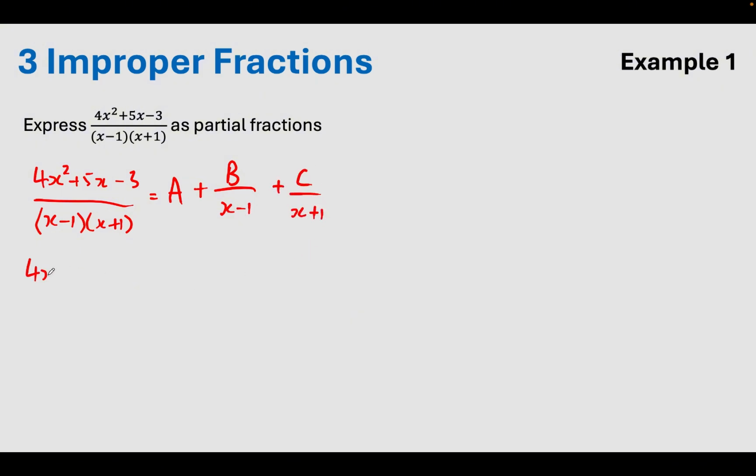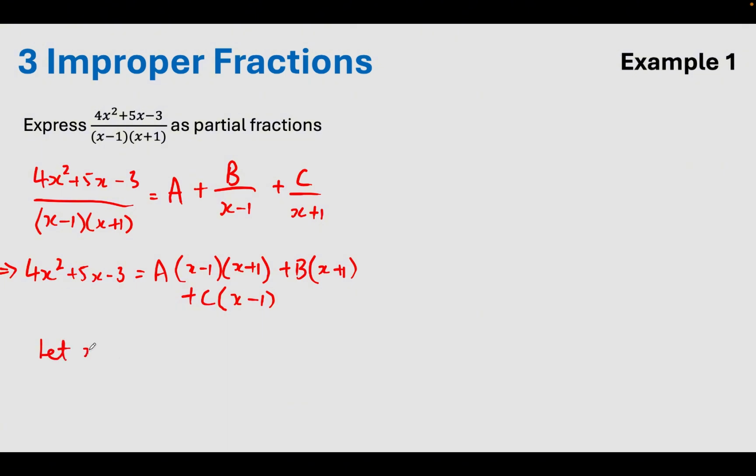So when I multiply through, I will get a(x minus 1)(x plus 1) plus b(x plus 1) plus c(x minus 1). And now we do our usual partial fraction trick of letting x equal various values.